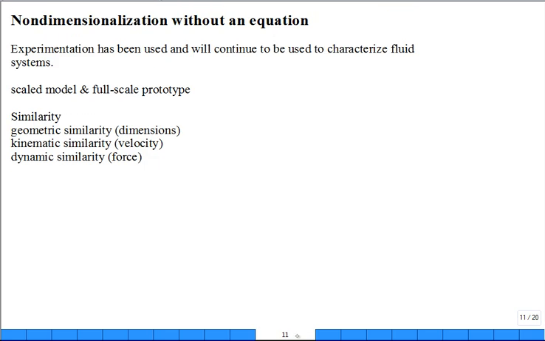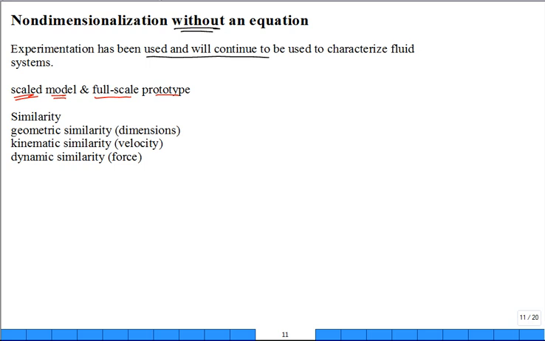Most of the time you don't start with an equation. You have to do non-dimensionalization without an equation. This is really getting back to experiments. In experiments, you will try to do experiments covering a wide range of the physics. A lot of times you'll do a scaled model, with a model that's 1/5, 1/10, 1/2 size of the full-scale prototype.